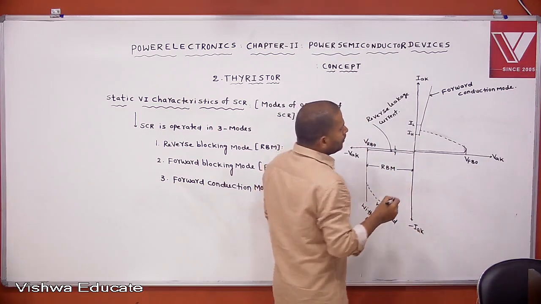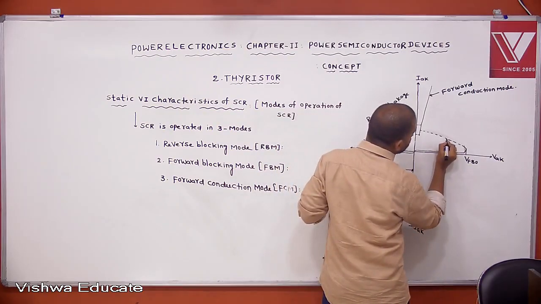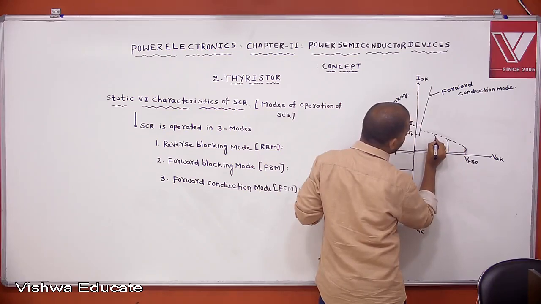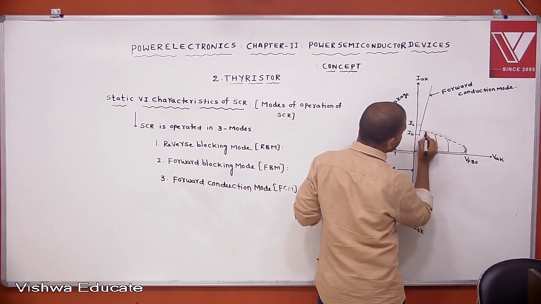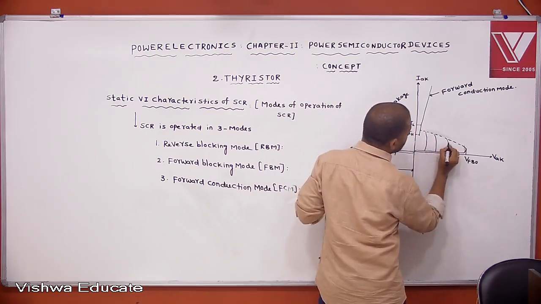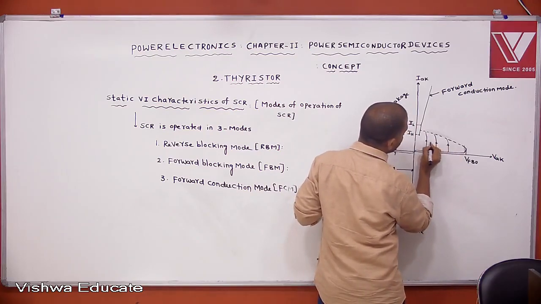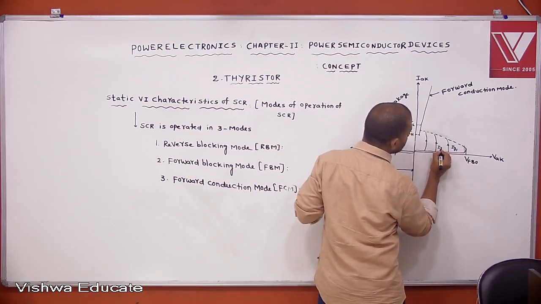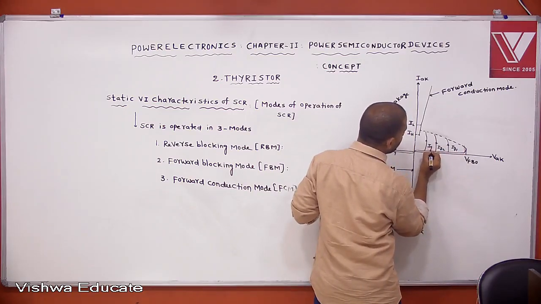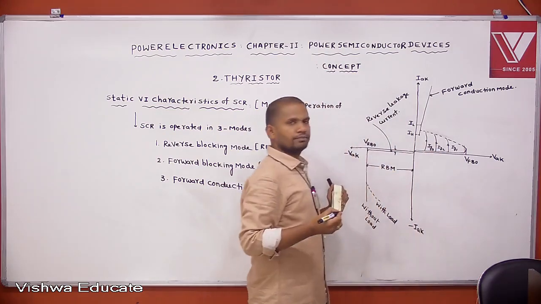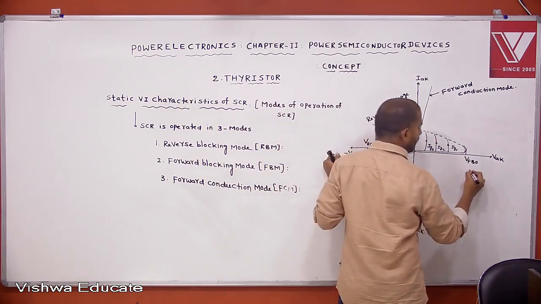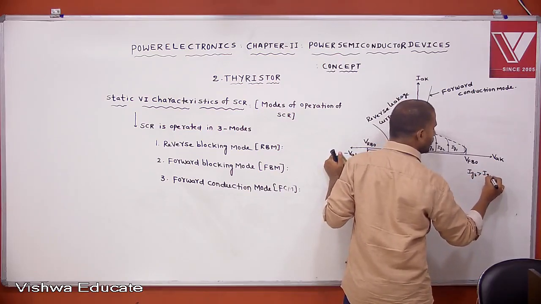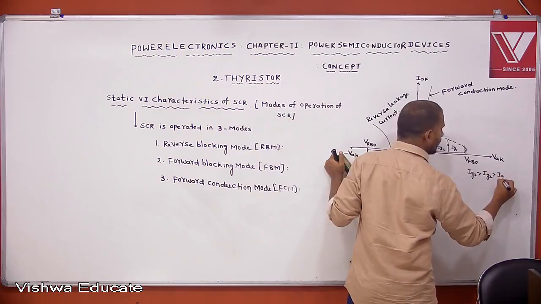This is for different values of gate current. We get characteristics like this. This is for IG1 current, this is for IG2 current, and this is for IG3 current, where IG3 is greater than IG2, which is greater than IG1.